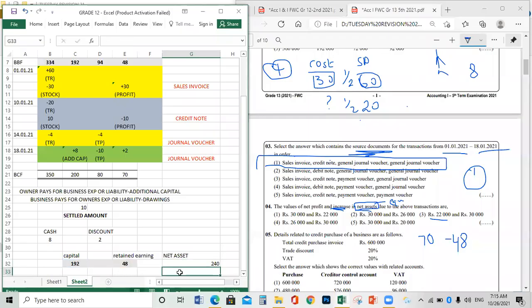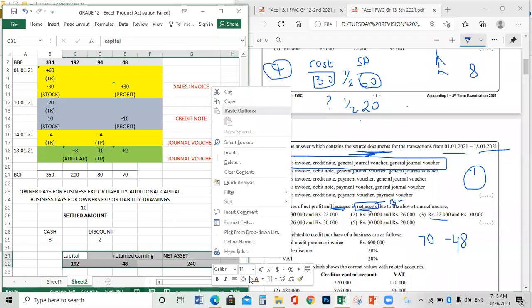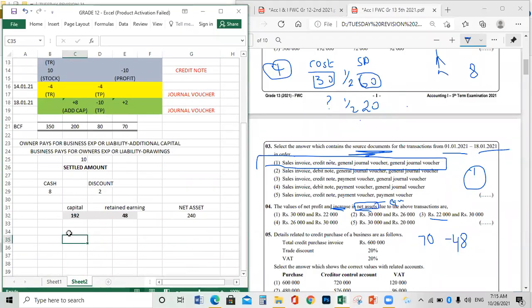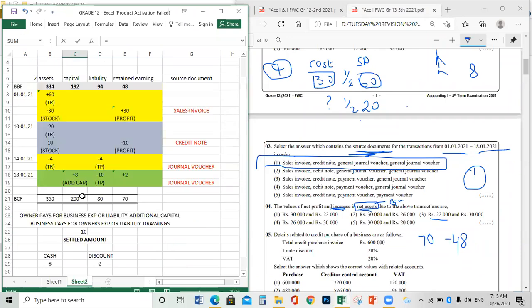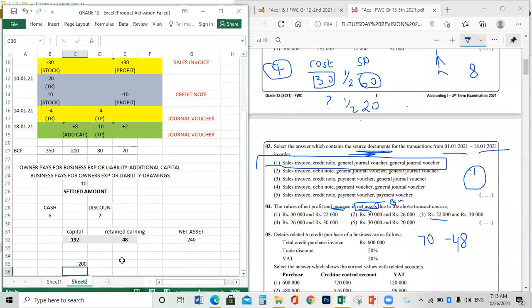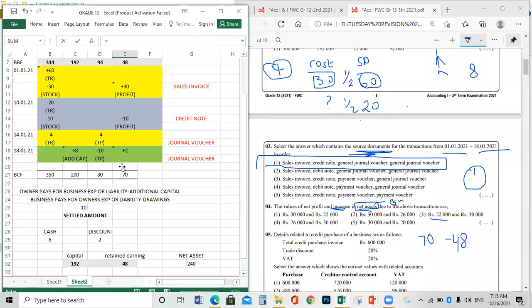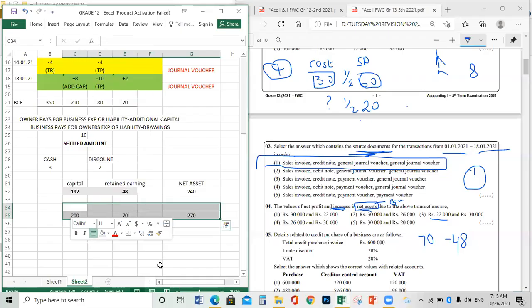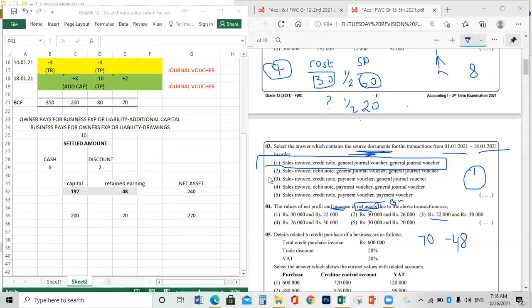Opening net asset is 240,000. Now you know the closing net asset. They gave us the closing: capital closing is 200 and retained earnings closing is 70. So what is the closing net asset value? Closing net asset is going to be 270,000. So what is going to be the change?